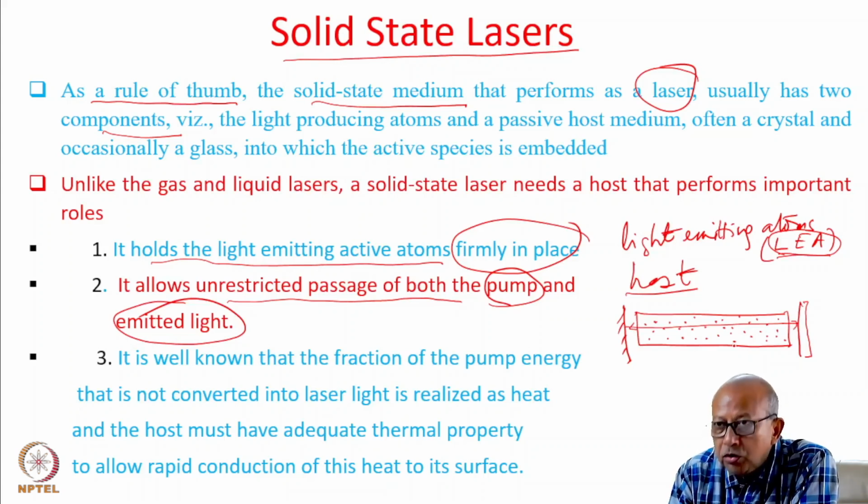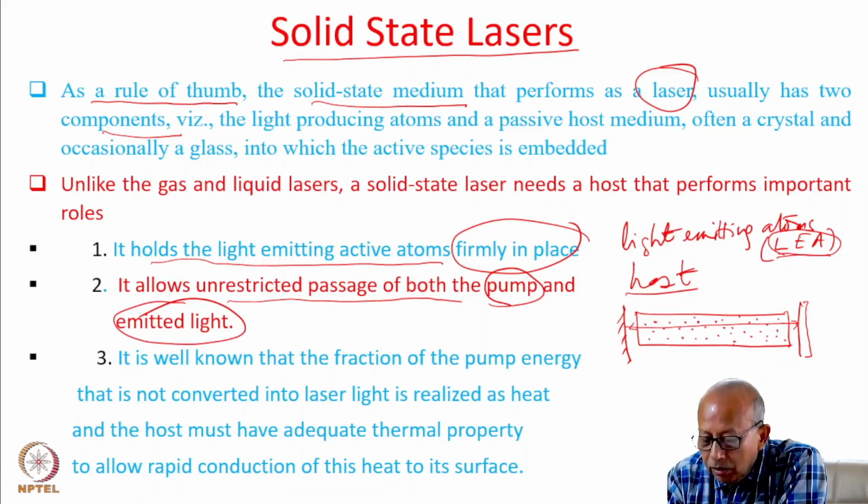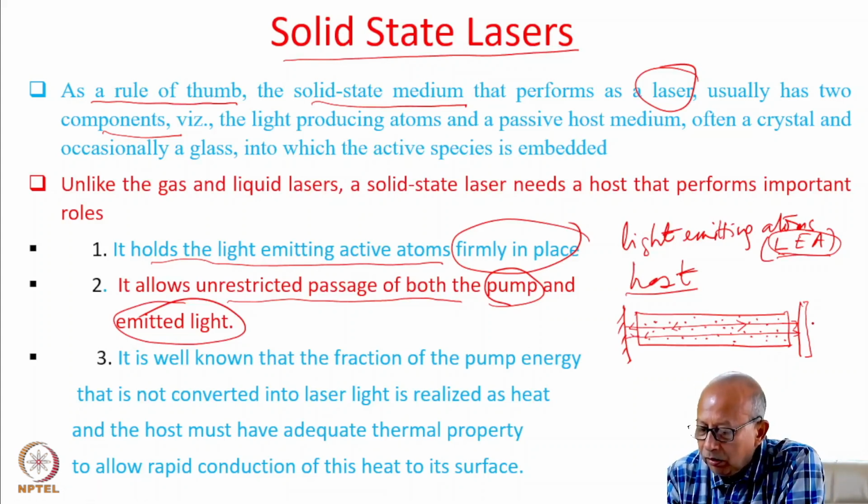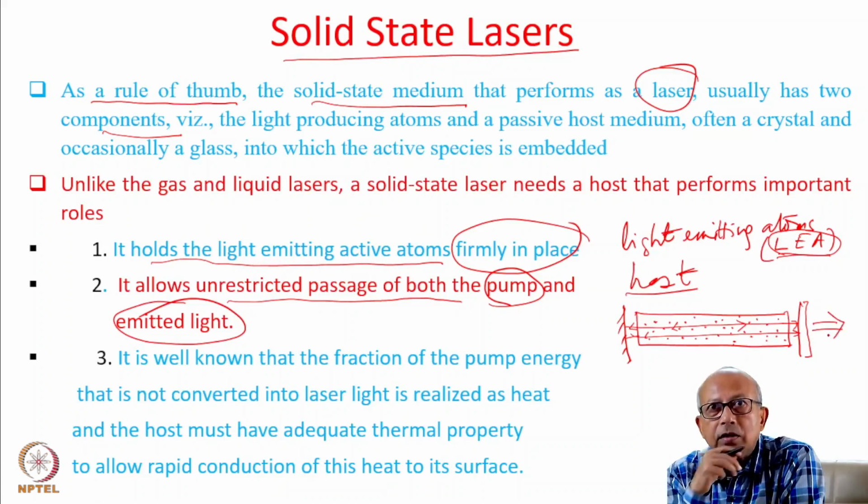So the host must be transparent to this light, and only then there will be amplification of this light inside the cavity through stimulated emission of radiation, and so a part of the light will be emitted as its output.